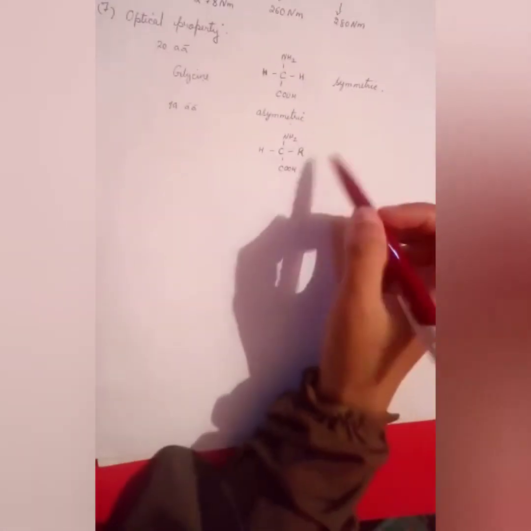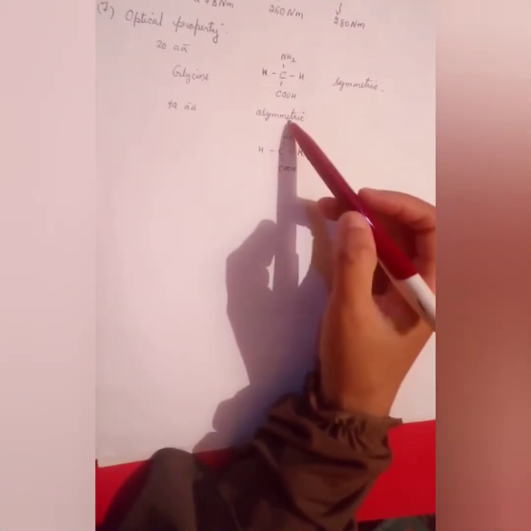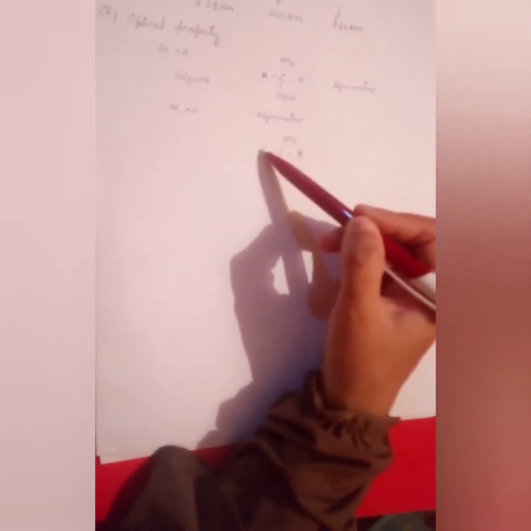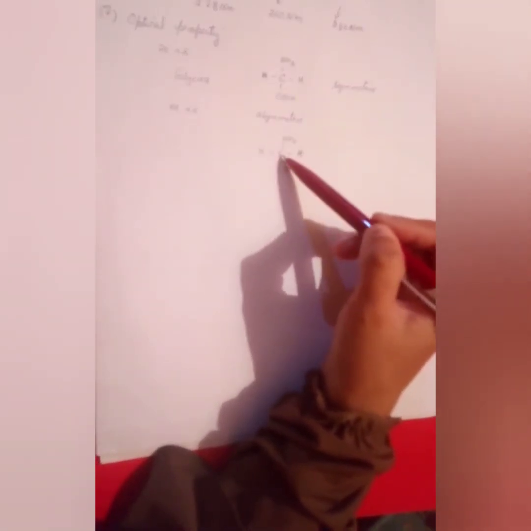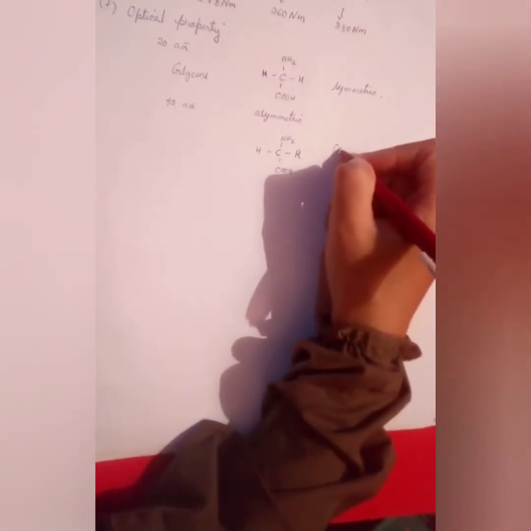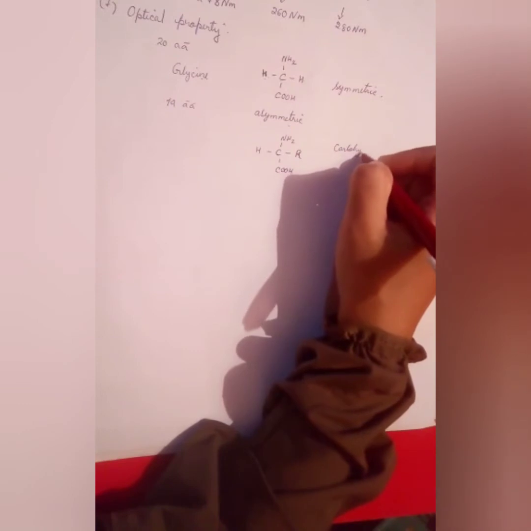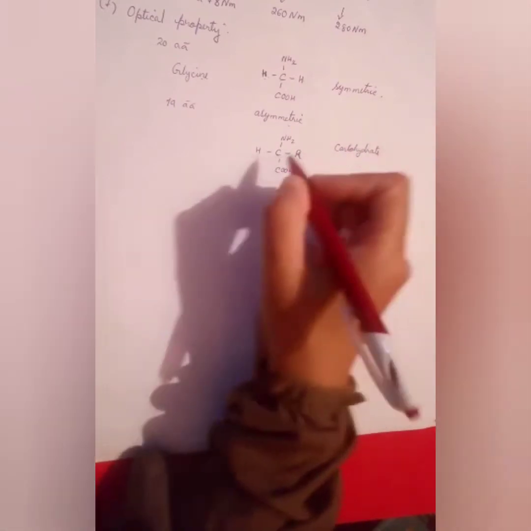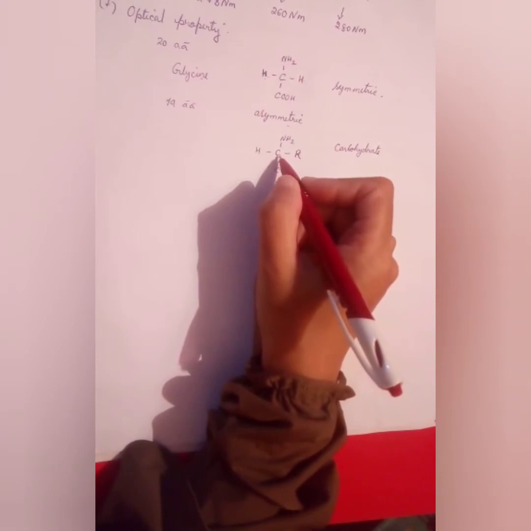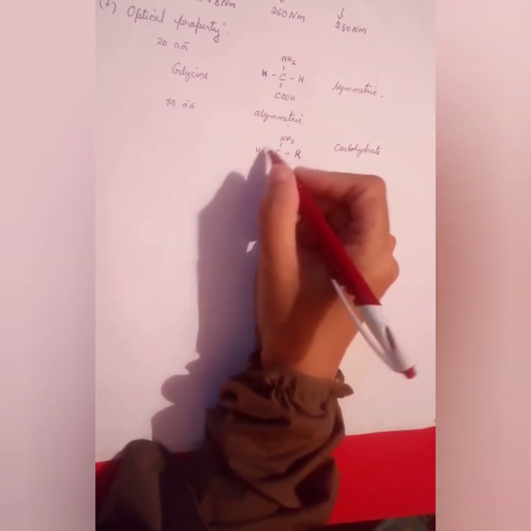Now since these amino acids are asymmetric, they have four different groups attached to a single carbon atom. Exactly as in the case of carbohydrates, this carbon atom is referred to as the chiral carbon, because it is attached to 4 different groups.